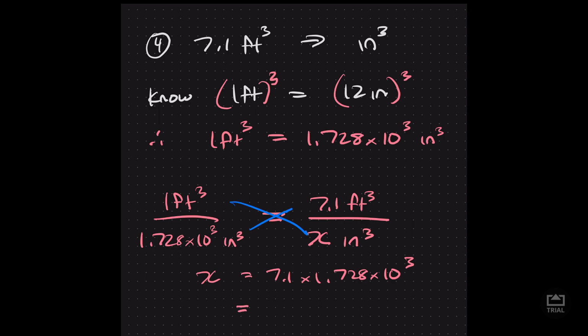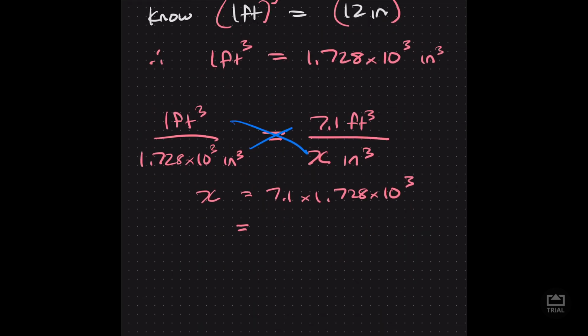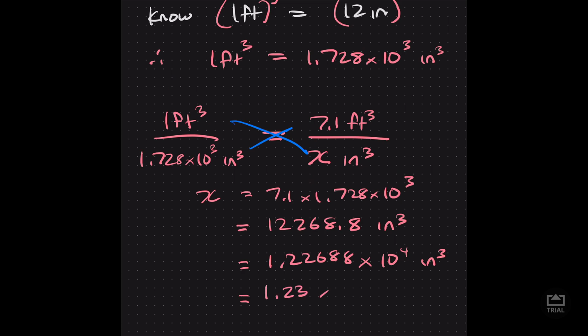And when we multiply that straight out as a standard number, we're going to get 12268.8, and that would be inches cubed. And if we were to put that into scientific notation, we'd get 1.22688 times 10 to the 4th inches cubed. And again, if they wanted us to round that to, say, 2 decimal places, I would end up with 1.23 times 10 to the 4 inches cubed.